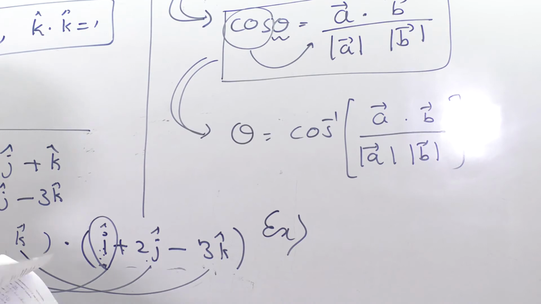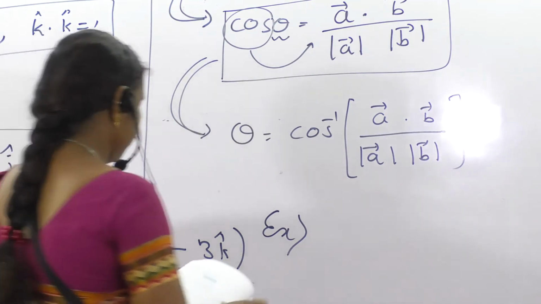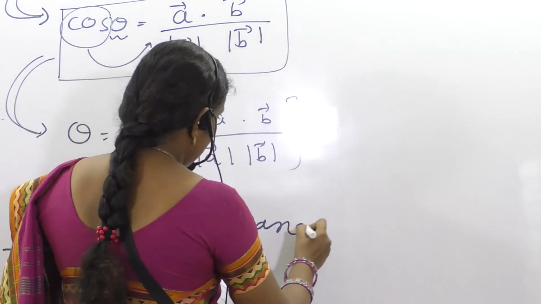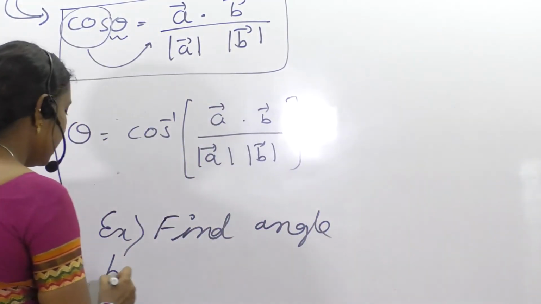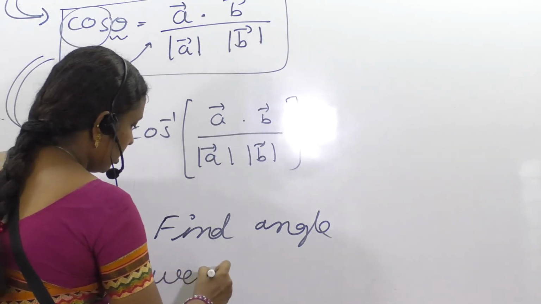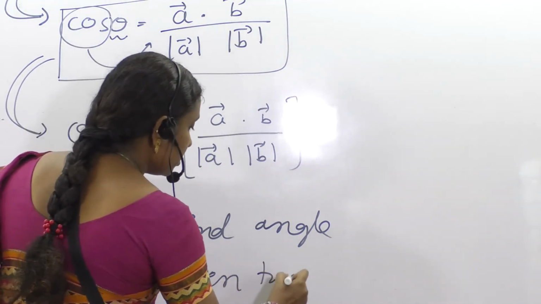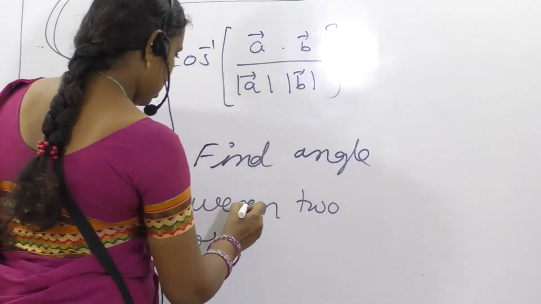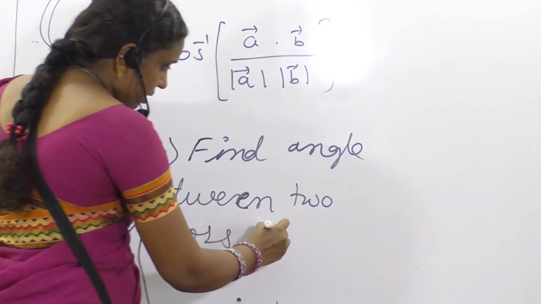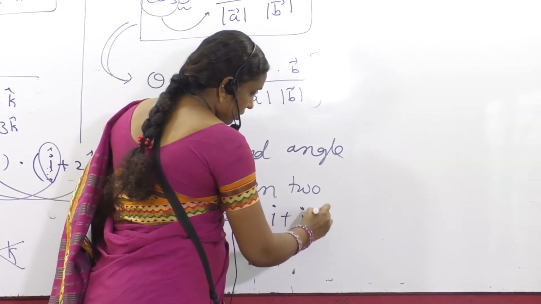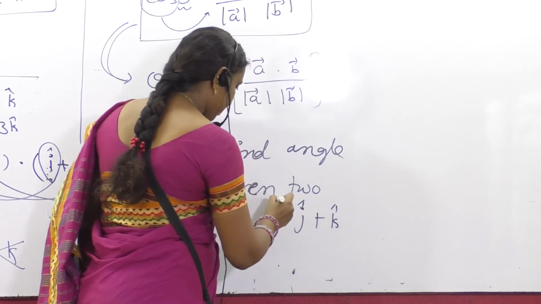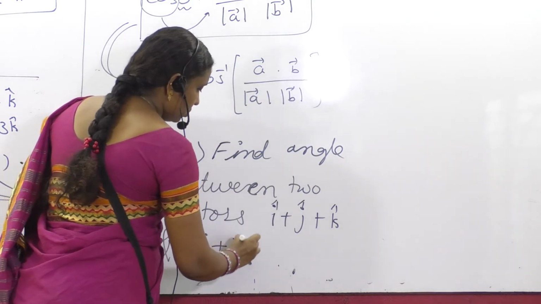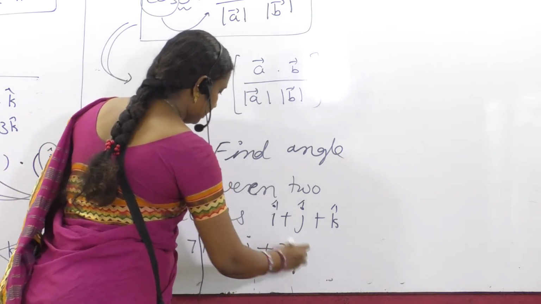So the question is to find the angle between two vectors: i plus j plus k and 7i plus 2j plus 3k.